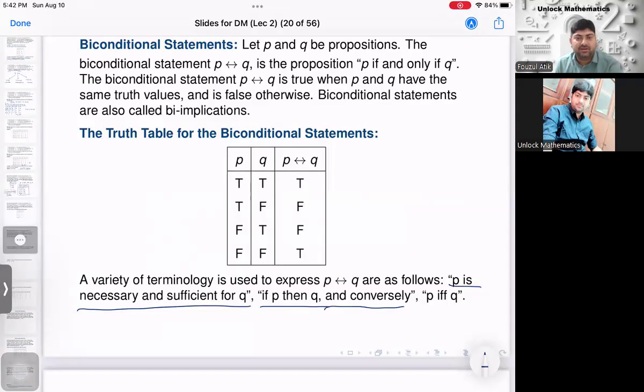In mathematical theorems, in many places you will see this kind of thing. P is necessary and sufficient for Q. If P then Q and conversely. Or sometimes, in short, you can also say P if Q. It means the same, P if and only if Q. So these are different terminologies you use for the biconditional statement. I hope these are clear.